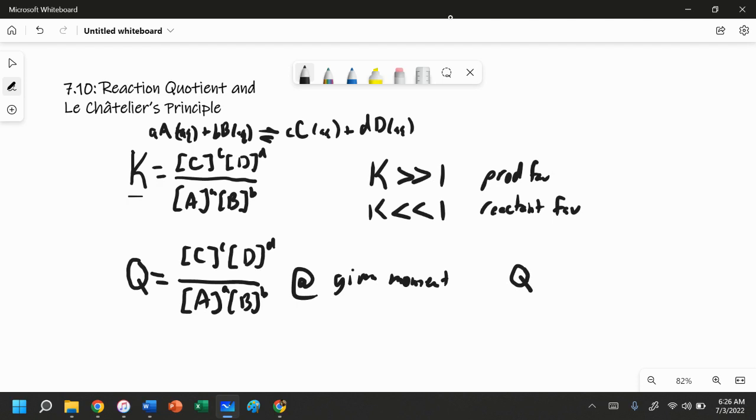If Q is greater than K, what that means is the numerator is too large. So we have too many products.